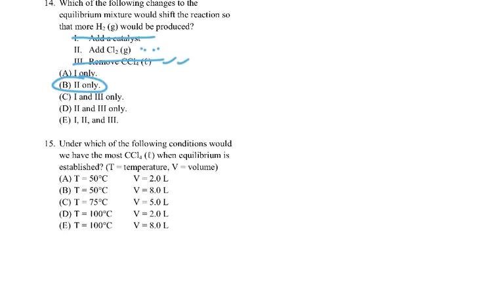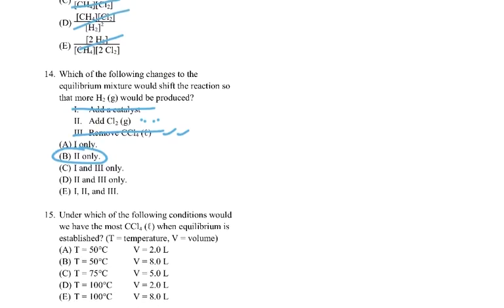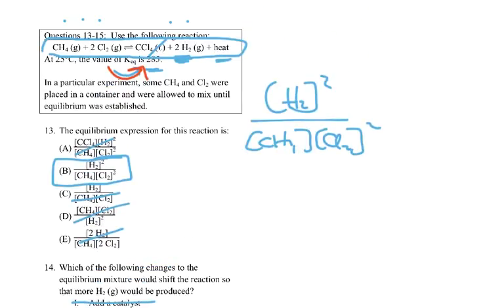Under which of the following conditions would we have the most CCl4 liquid when equilibrium is established? Well, the amount of CCl4 can go up and down, so that's not a problem. And we say I want the most CCl4, so that means I want this to shift to the right. So I'm looking at what conditions will shift us to the right, and we're talking about temperature and volume. Temperature, here's the heat.